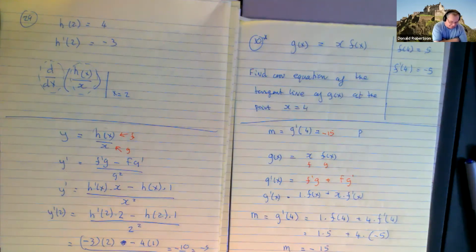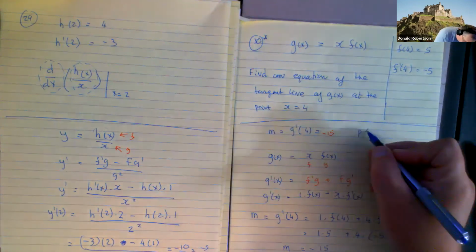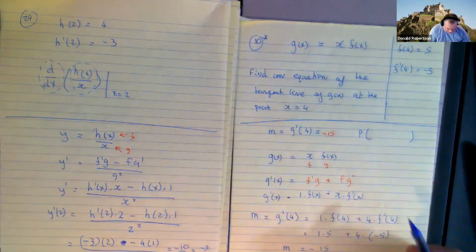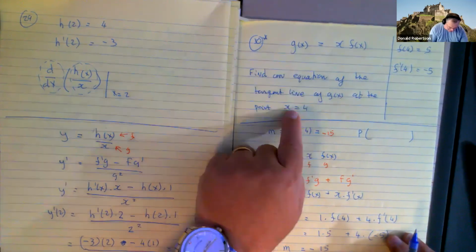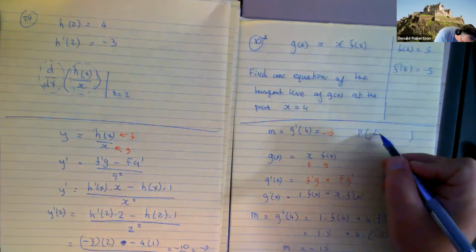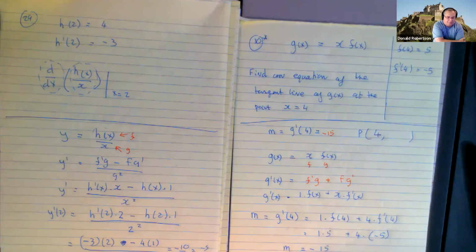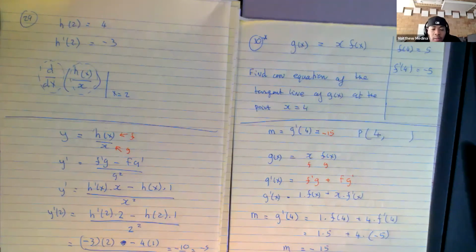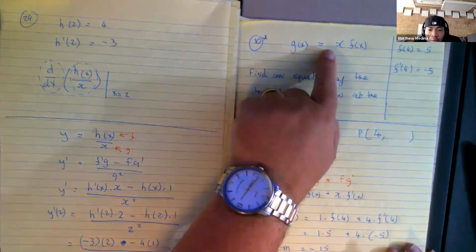Now you might think we're stuck, because I also need to know the coordinates of this function at x equals 4. Well, I know 4, agreed? But I now need to find the y coordinate at x equals 4. How would you do that? You would use the original function and just input 4?